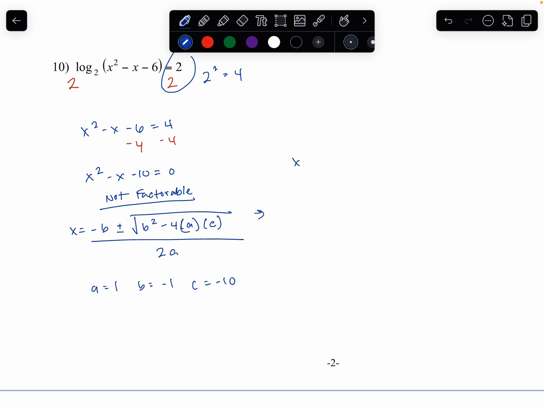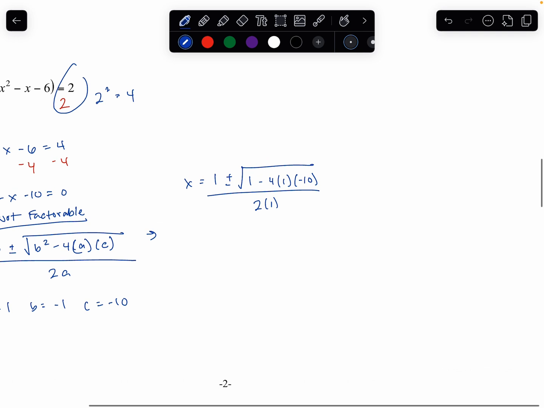So I'll get x is equal to 1 plus or minus the square root of b squared, which will just be 1 squared, well, negative 1 squared, which will be 1. So 1 minus 4 times a times c, all over 2 times a.